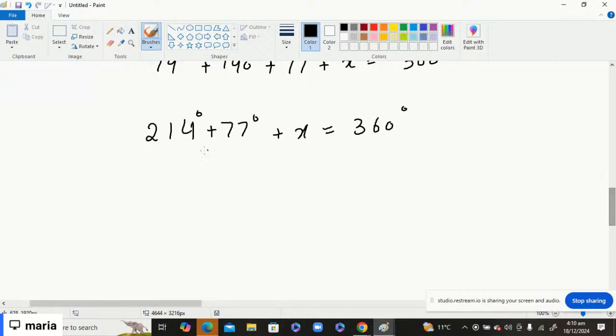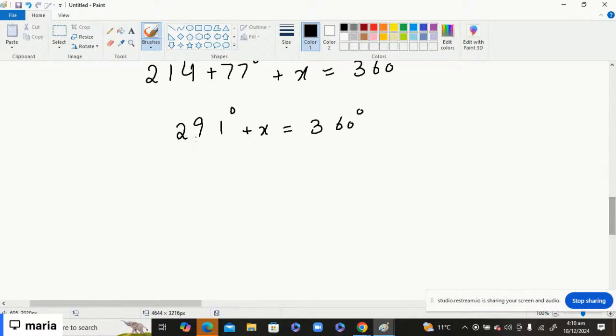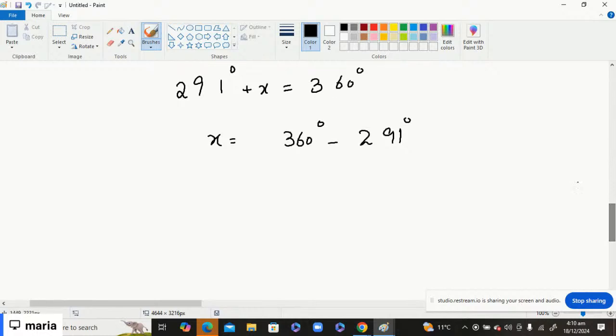Let's add: 291 degrees plus x is equal to 360 degrees. Now x stays in the same position, 360 degrees minus 291 degrees.